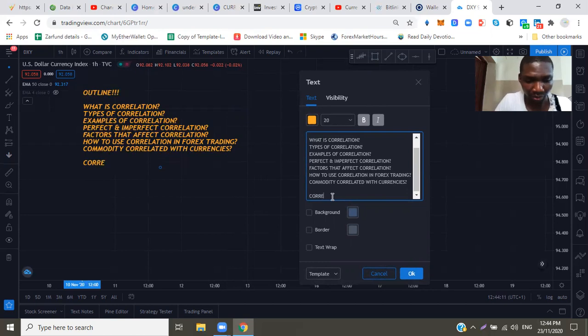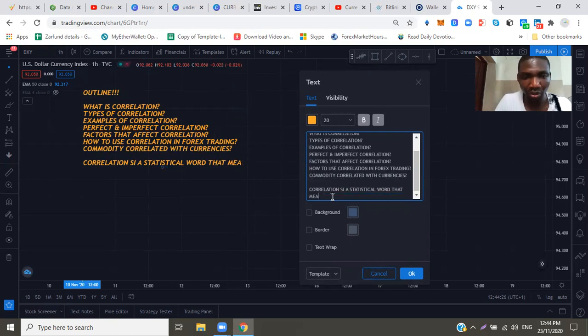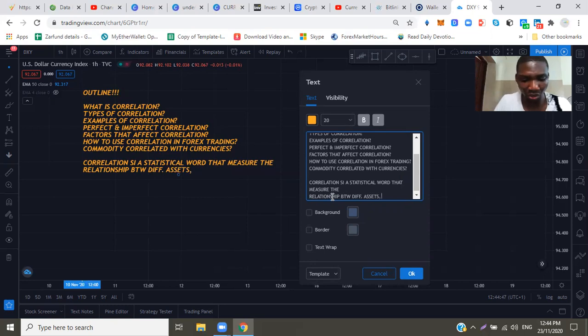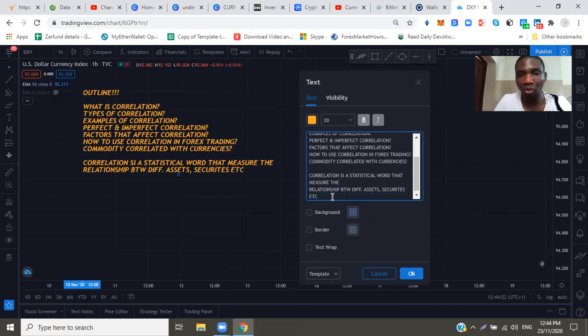Correlation is a statistical term that measures the relationship between assets, between different assets, securities, etc. So that's what correlation is all about.